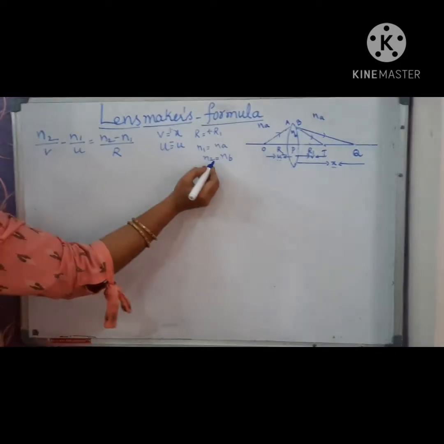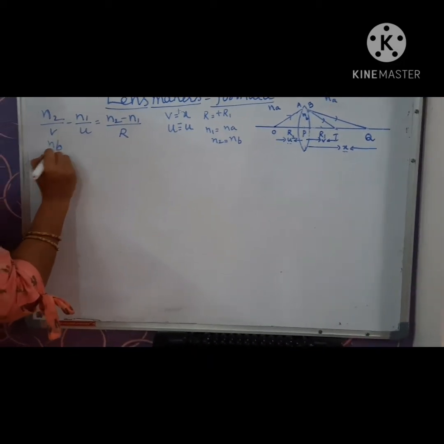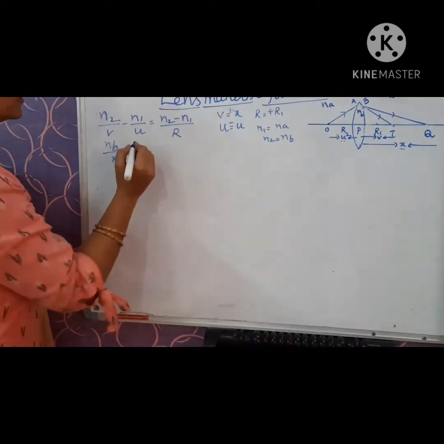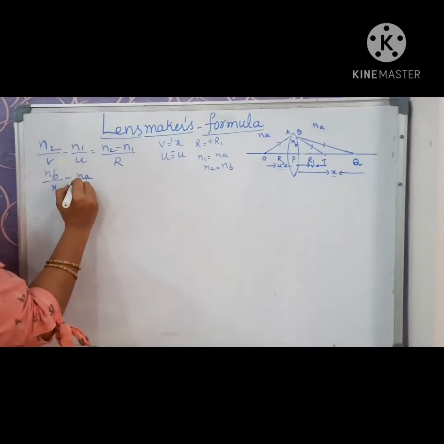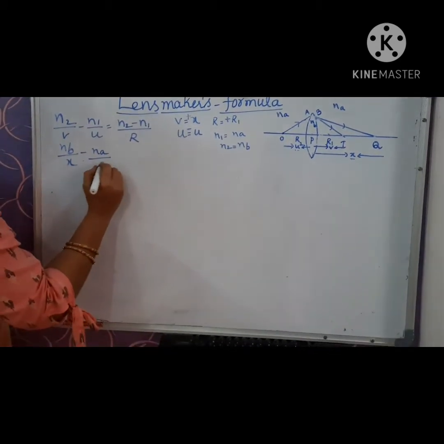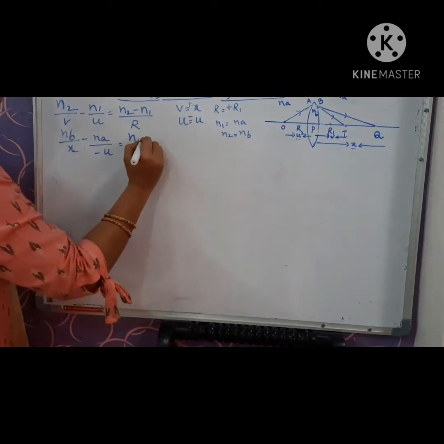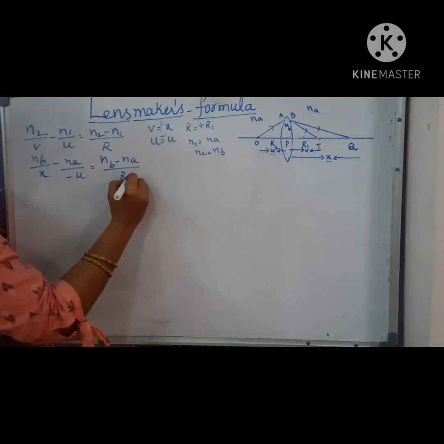So N2, what is N2? Nb by V. What is V? X. Nb by X minus N1 by U. N1 is Na, and U is minus U. Is equal to N2 minus N1 by R. What is N2? Nb minus Na by R, and R is R1.